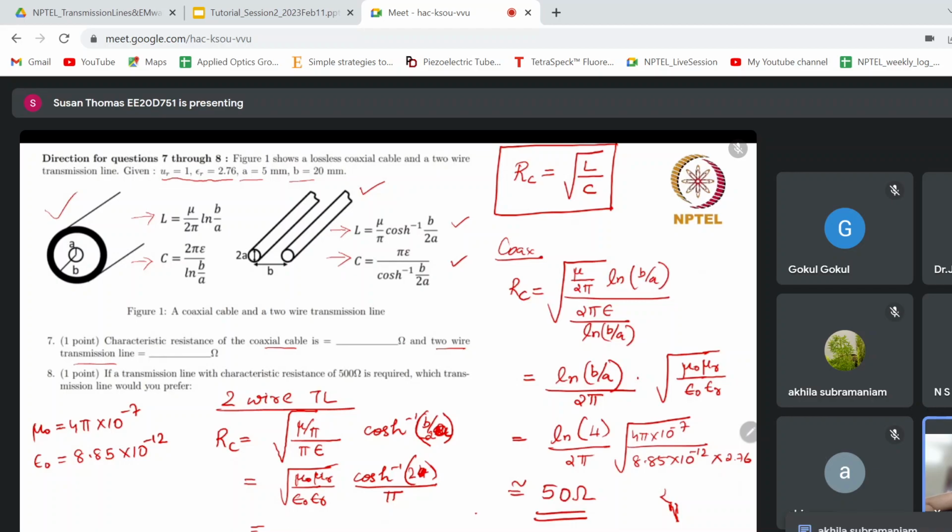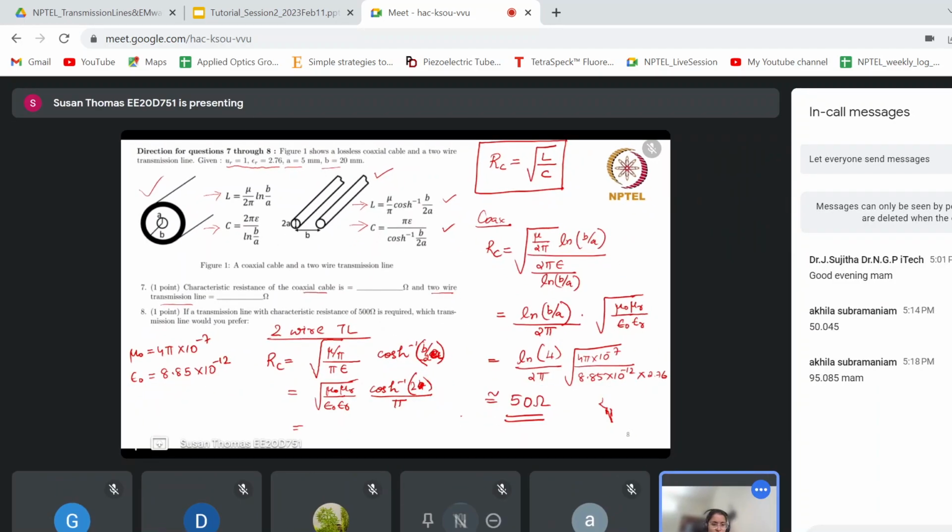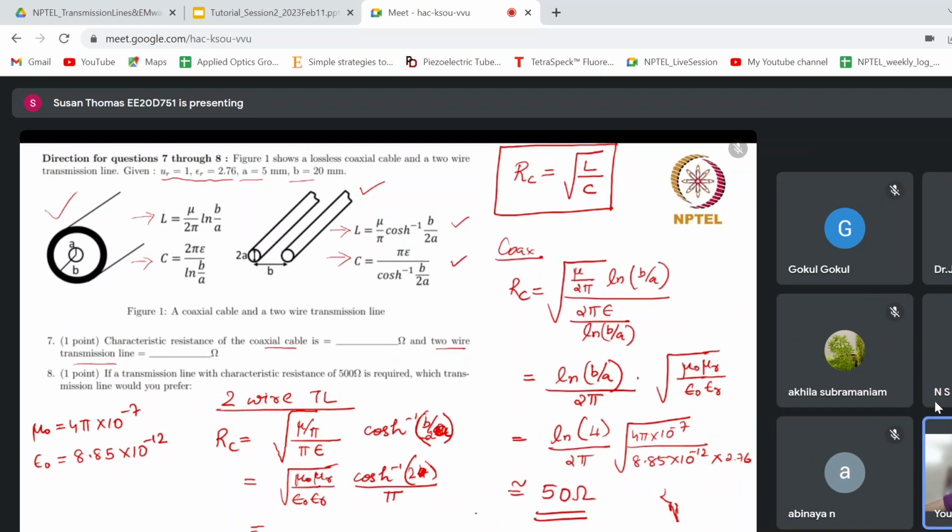So there is some answer. I think you need to recalculate. That's not the right answer. Can you try once again the calculation?